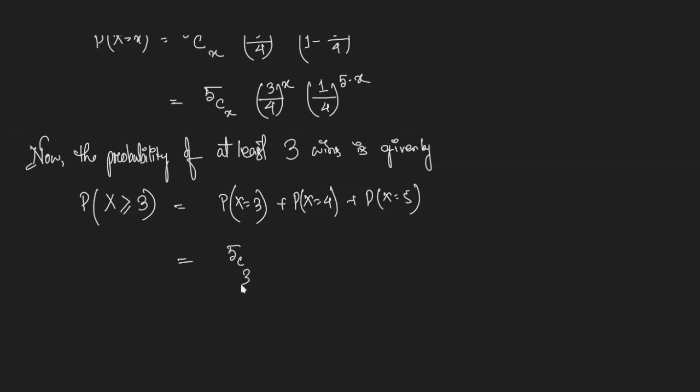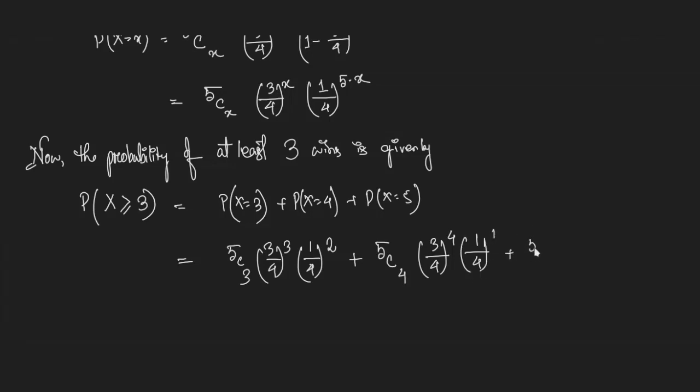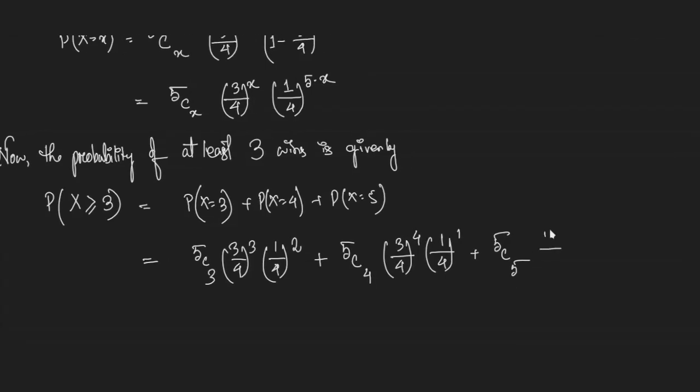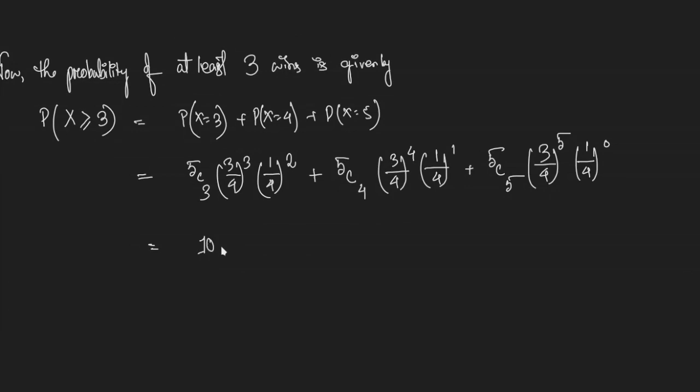So this is equal to 5C3 (3/4)^3 (1/4)^2 plus 5C4 (3/4)^4 (1/4)^1 plus 5C5 (3/4)^5 (1/4)^0. 5C3 is 10, so 3 cubed over 4 cubed times 1/4 squared. 5C4 is 5, so 3 to the power 4 over 4 to the power 4 times 1/4.